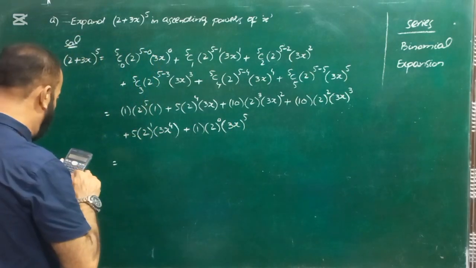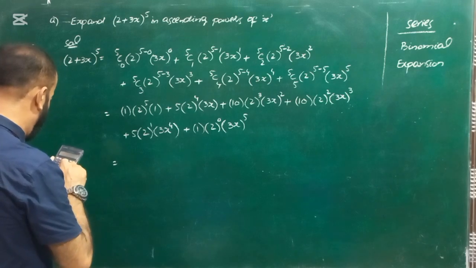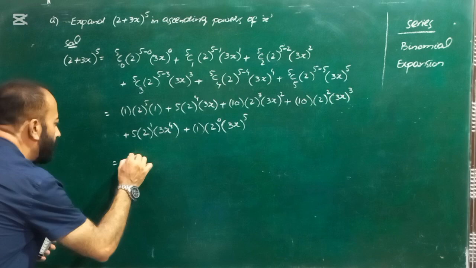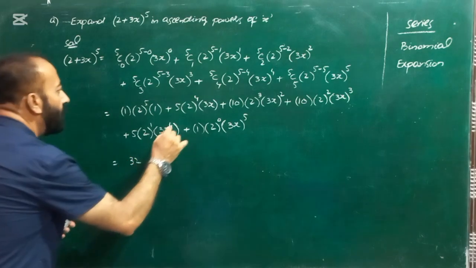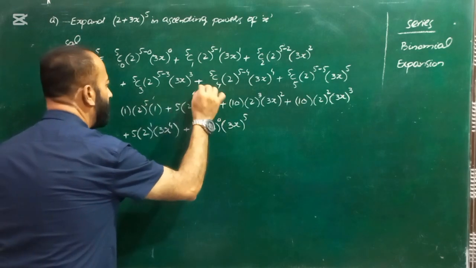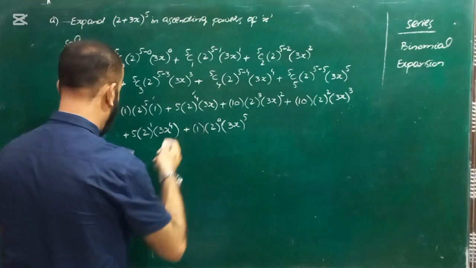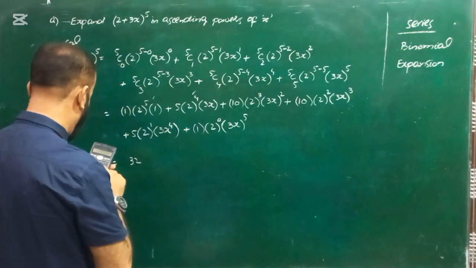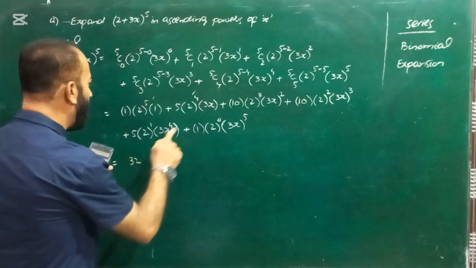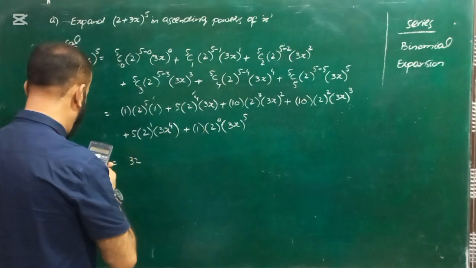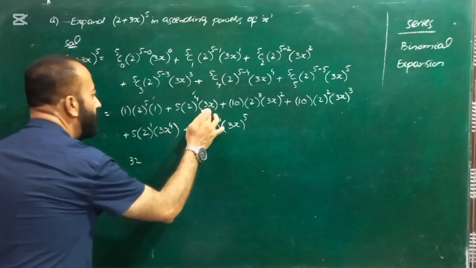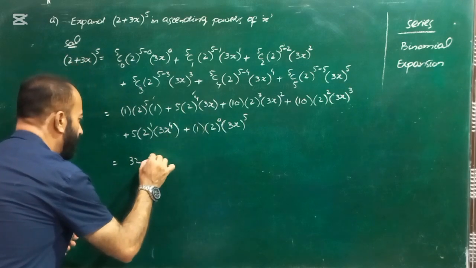So 2 raised to power 5, answer is 32. So this is done. Now this is here, 2 raised to power 4 multiplied by 5 multiplied by 3. This is 240, 240x.